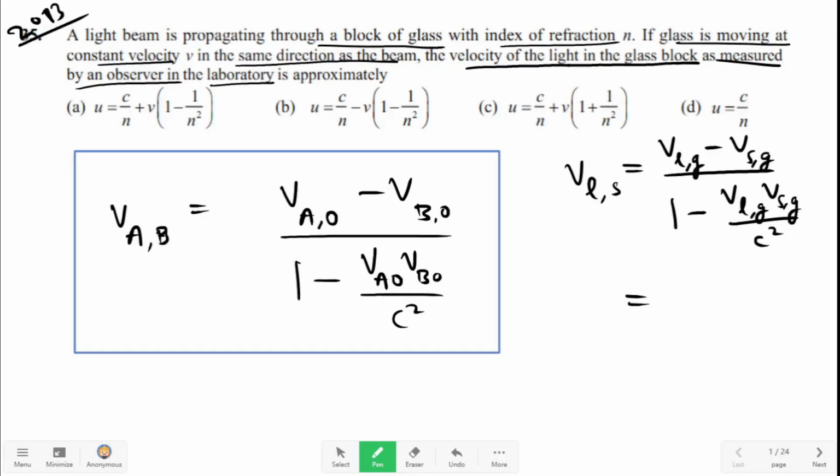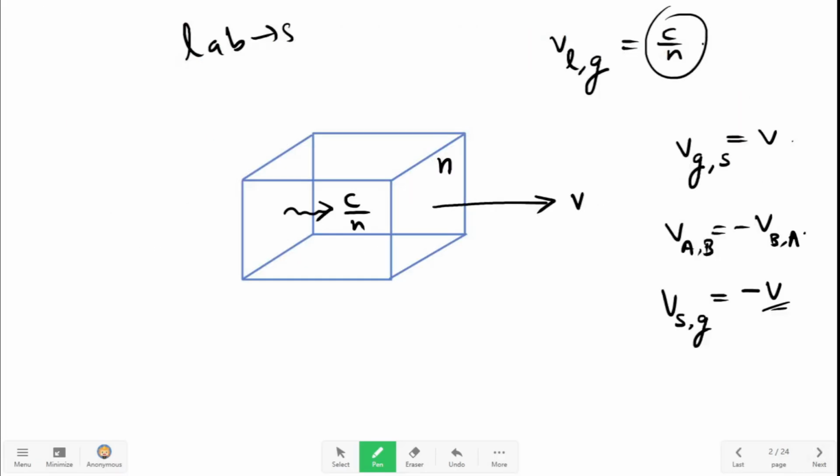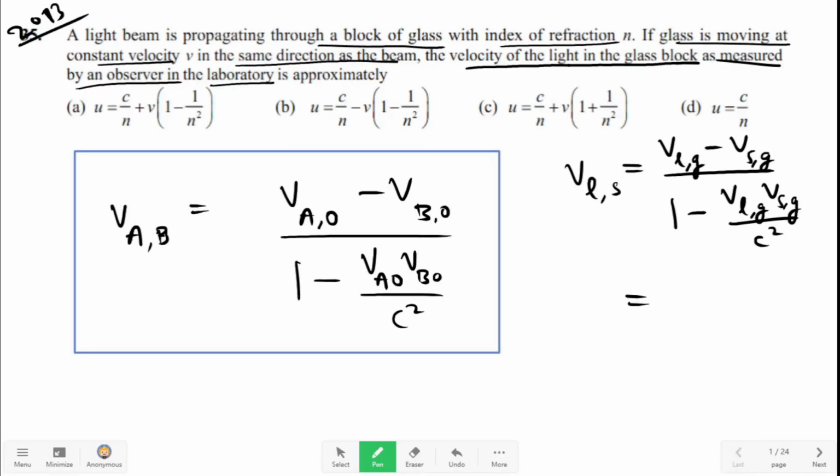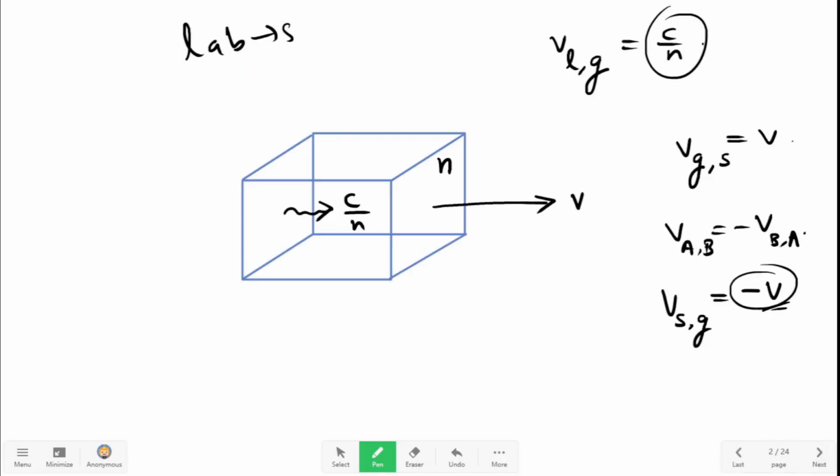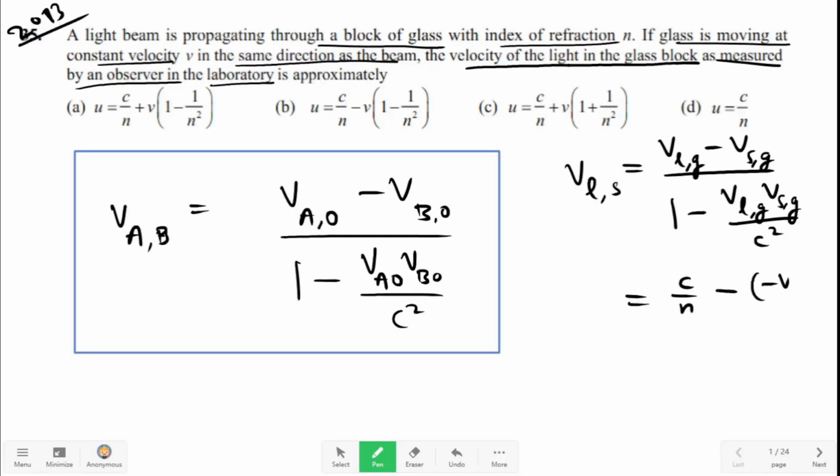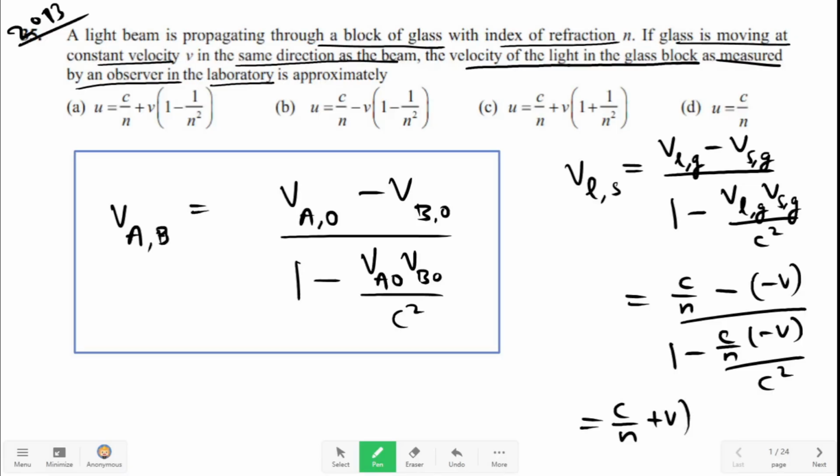So VLG is equal to c by n. Let us put it here, c by n, minus VSG which is minus V, divided by 1 minus c by n times minus V upon c square. So this is coming out to be equal to c by n plus V times 1 plus V by nc, the whole raised to minus 1.